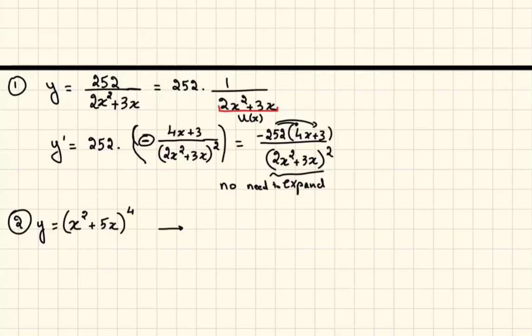Whenever you have parentheses with an exponent, what is inside the parentheses we call u, and I start deriving. As usual, we take the exponent outside the parentheses, so we bring it down, it becomes 4. Then x squared plus 5x stays the same. We need to do 4 minus 1, which is 3.